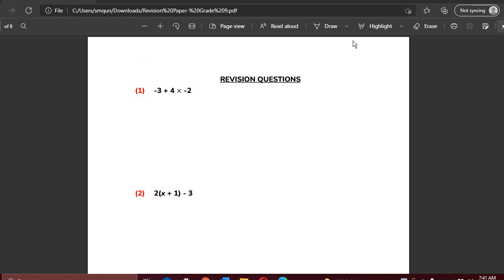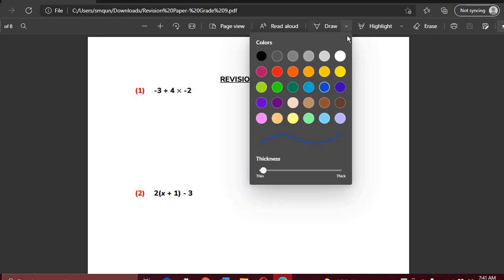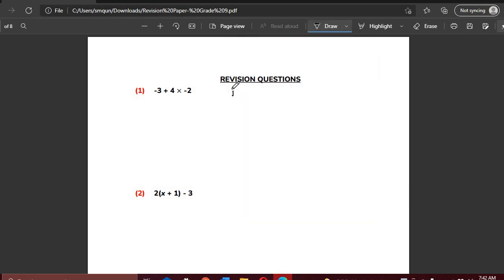All right, so I'm just going to write PEMDAS here, just to remind you of the order. And parentheses is just a fancy name for brackets. Exponents is a fancy name for powers.